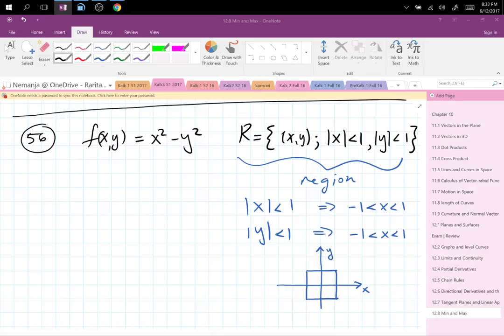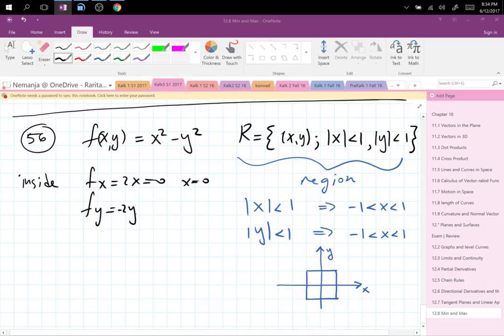Awesome. So let's take care of the inside first. fx is 2x equal to 0, x equals 0. fy is -2y equal to 0, y equals 0. So the only point that I have on the inside of the shape is (0, 0). Now, to find fxx, fxx is going to be 2. fyy is going to be -2.